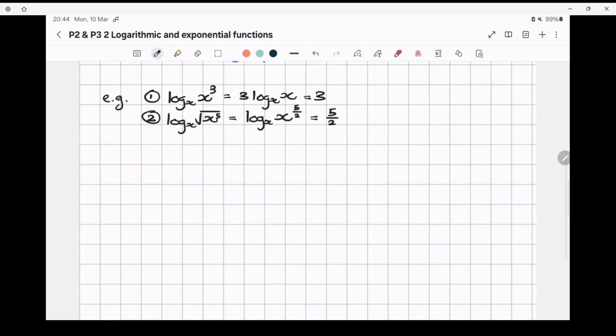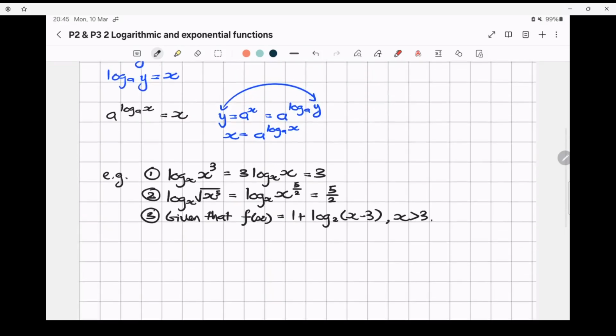So let's look at the third example. Given that f of x is 1 plus log base 2 of x minus 3, x has to be greater than 3.